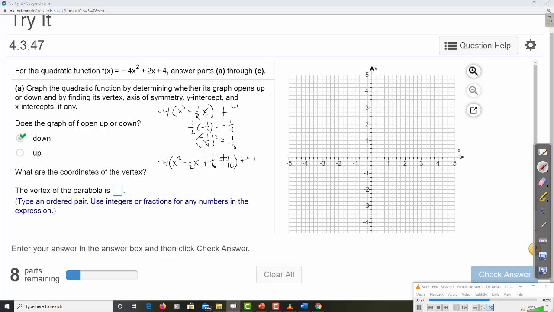Bring out negative 4 times negative 1/16. That'll be positive 1/4 plus 4.